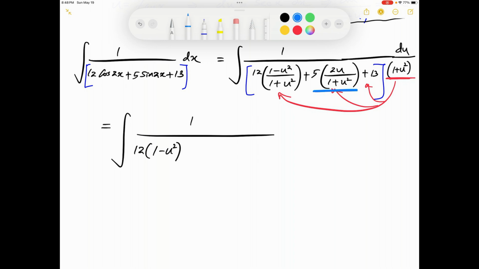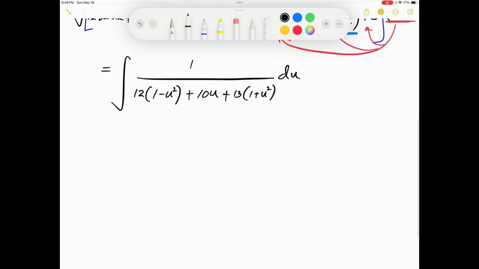Therefore, those will be cancelled, and I'm only left with 5 times 2u, which is 10u. And then I have to multiply 1 plus u squared with the 13 right here, plus 13 times 1 plus u squared. And then I have the du term right here. Let me write it as just du.